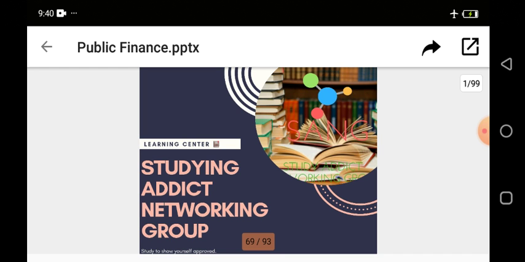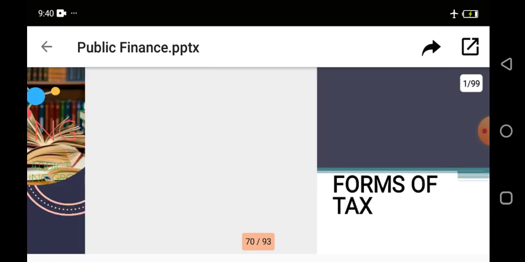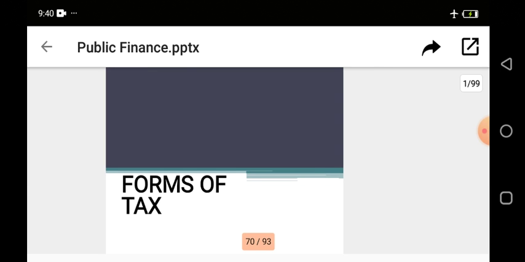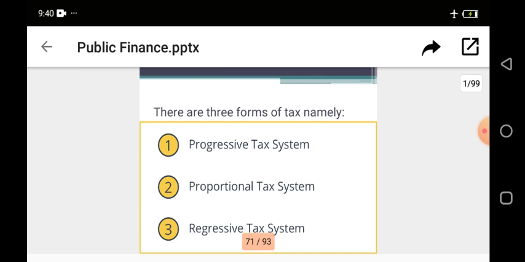So today we'll be looking at another subtopic under taxation, which is forms of tax. Now, under the forms of tax, there are about three forms of tax we'll be looking at.